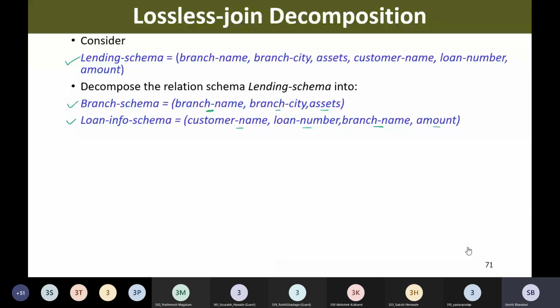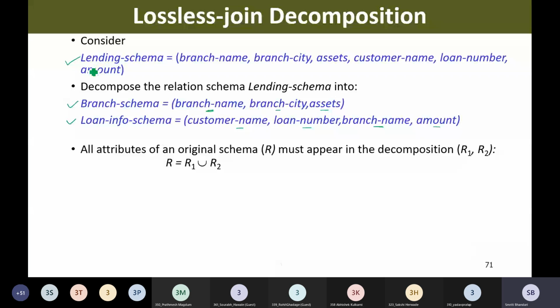Now, one important point to be noted here. Whenever we try to decompose any relation schema R into, say, relations R1 and R2, then all the attributes of the original schema R must appear in the decomposition R1 and R2.